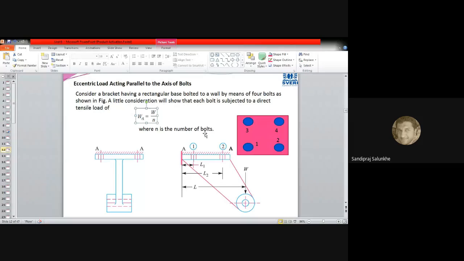Time to time, we will refer to this diagram also.